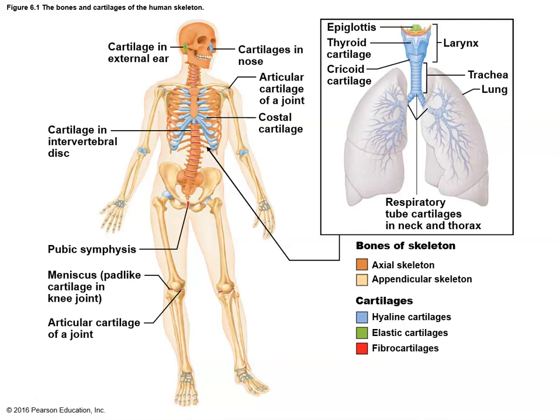So the blue stuff is hyaline cartilage, and that's what most of the bone originated from, was hyaline cartilage. There's also elastic cartilages and fibrocartilage scattered throughout, but the far most common type of cartilage in the system is hyaline, and again, that's because it was part of the bone making process.